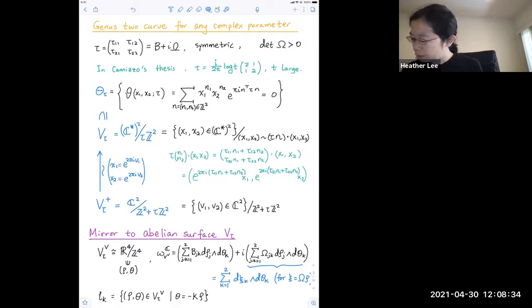So this part, the imaginary part, would be the usual real symplectic structure, and then there's a B field.